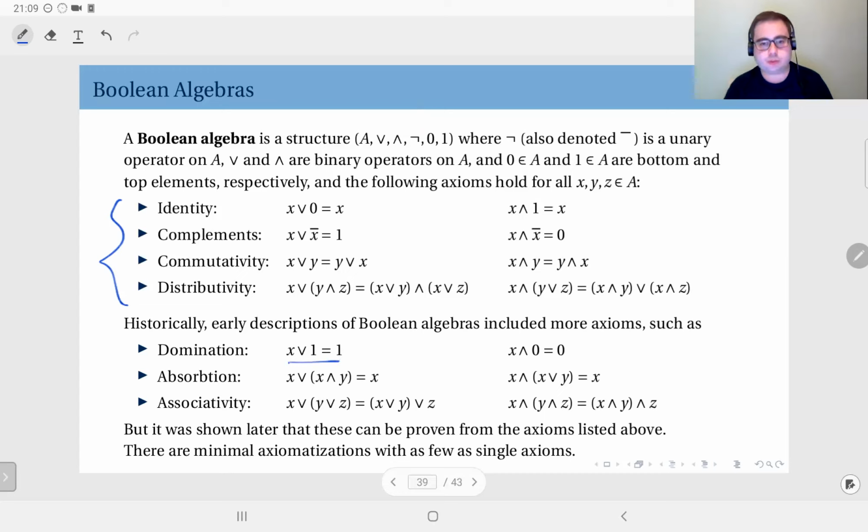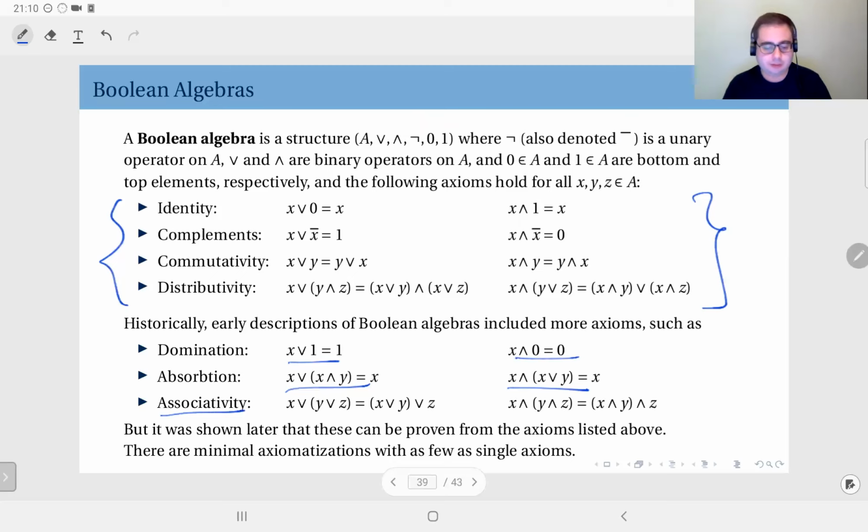X join with the top element equals the top element. X meet with the bottom element is the bottom element, and so on. We have absorption, we have talked about earlier, and we have associativity. And now you see, up to this point, in all of the structures, we gave associativity as an axiom. Here it's not, because it can be derived from these axioms.